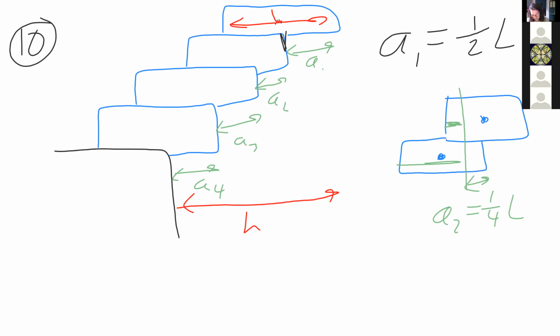And then we just repeat this idea now. So for the next one, where I have 3 of them stacked up on top of each other, I have only a quarter of the block that's hanging over.